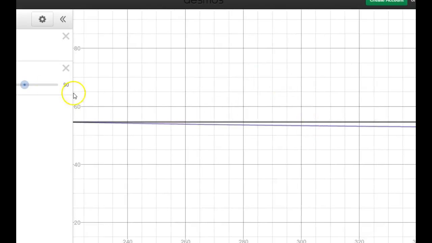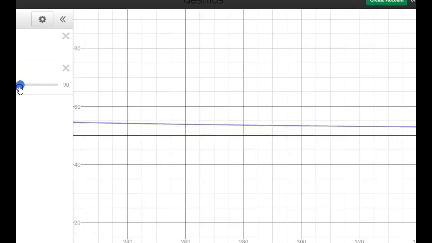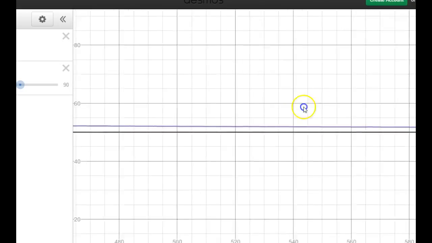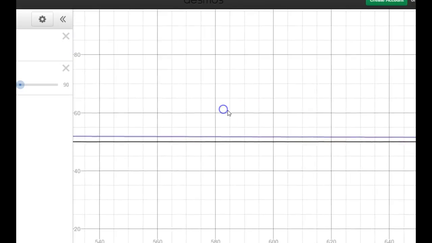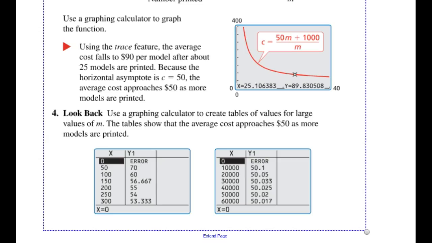So here again I have my black line, my y over the other one. So I can see that it's going to approach $50. As I continue, it's getting closer and closer, but it's never going to touch. So I can use that to estimate that it's going to approach $50. And this I can do without creating the table and without having to use the actual graphing calculator. I can still use my Desmos to do that.